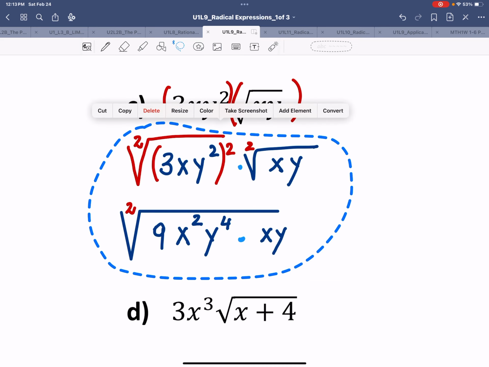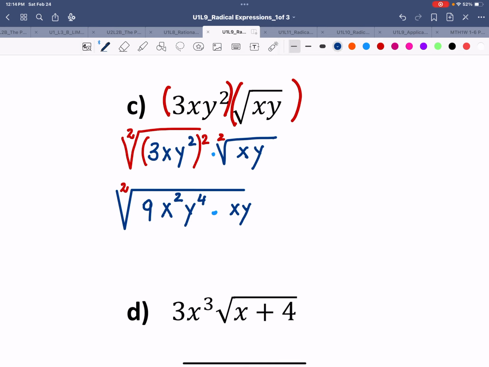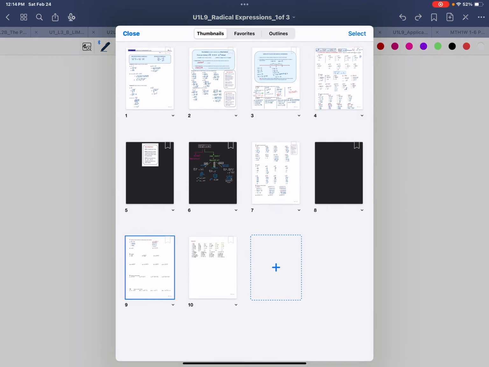So let me make this smaller. And this would equal 9 x to the power of 3, y to the power of 5. Remember, these are the powers here. And we have in here the square root of this entire expression.